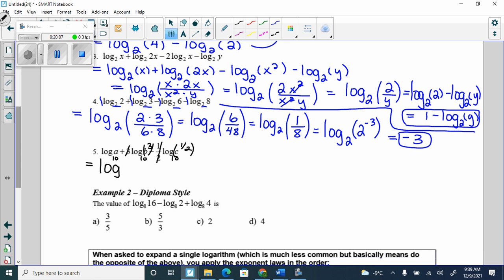When a log does not have a base, it is base 10. Just like when there's a square root symbol, what's the index if there's no number? It's a 2. The reason why is most word problems are base 10 logs. So they picked that one to be the common one.